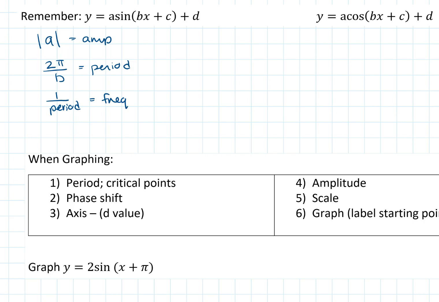We have what we call a sinusoidal axis. That is the midline of the graph, and it occurs when we have a vertical translation up or down. So our sinusoidal axis is y is equal to d, where d is that translation up or down.